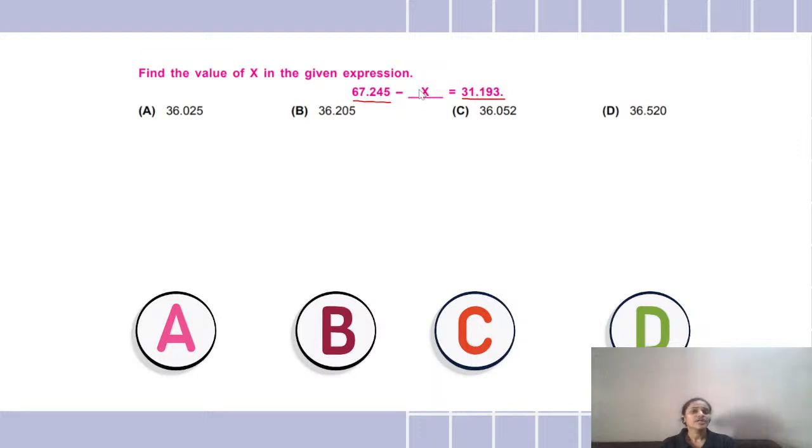I don't know which number I have to subtract from 67.245 so that we get 31.193. So it's a very easy sum. Come on, you all can subtract. You all can easily find out the value of x.